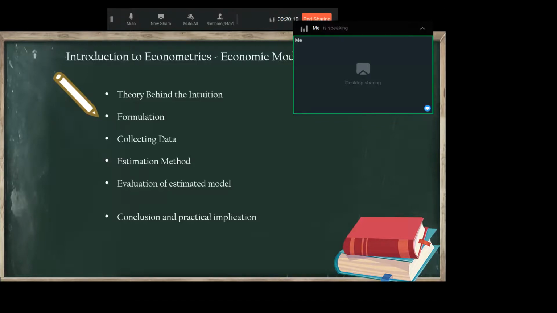You can be stuck in collecting data for maybe 2 months, 3 months, 4 months. So it's really important that when you are claiming some theory, you should know whether the data is going to be easily available or not, or whether you are willing to pay for the data or not. Because data is there, but sometimes it's really costly.